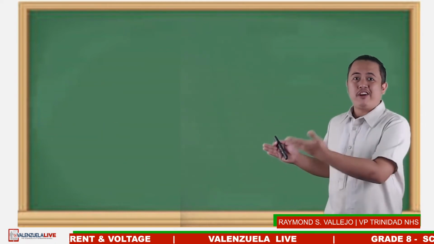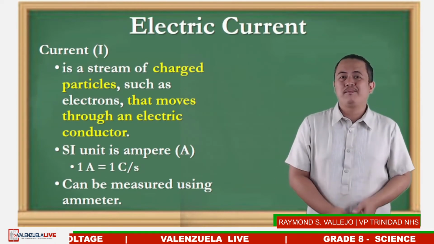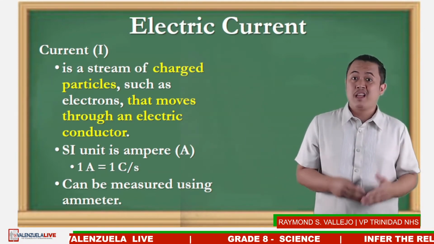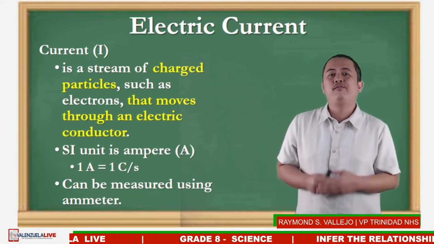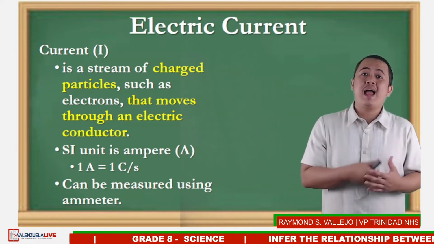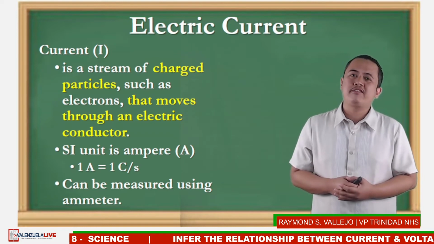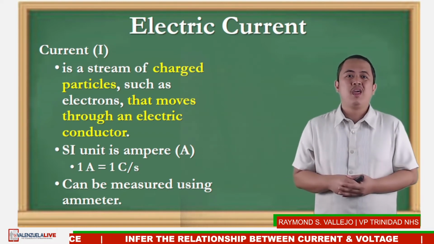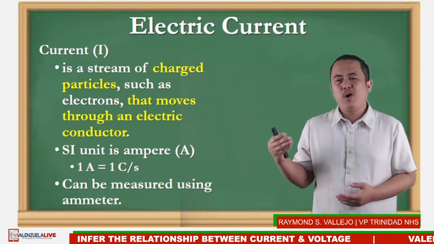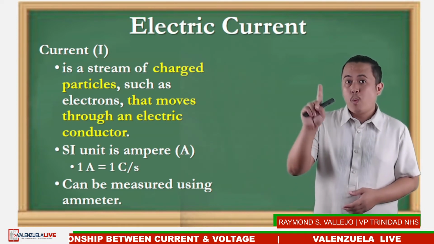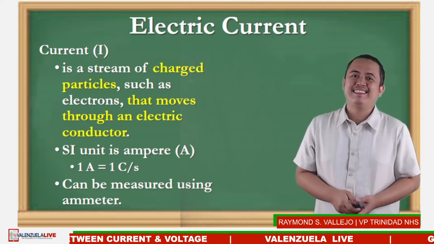An electric current, or simply called current, is a stream of charged particles such as electrons that move through an electric conductor. The SI unit for current is ampere, which is described as the flow of electric charge across a surface at the rate of 1 coulomb per second.